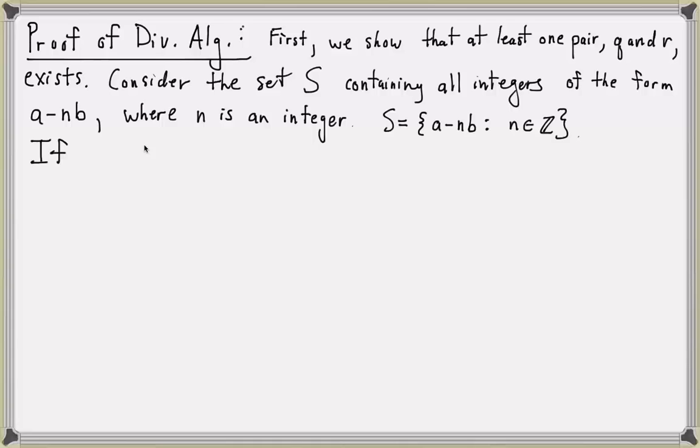Well, if A is non-negative, so if A is greater than or equal to 0, then A minus negative 1 times B will equal A plus B. And if A is non-negative, and we assume that B is positive, then A plus B is in this set, and A plus B is positive.